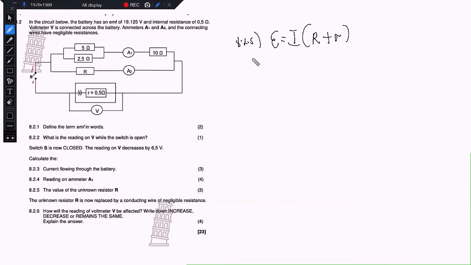Our EMF, remember, is 19.125. The current, which is the total current, remember, this is always IT, the total current. And then R external, we don't know yet, because remember, we did not include this one when we were calculating. Then the internal resistance is what?